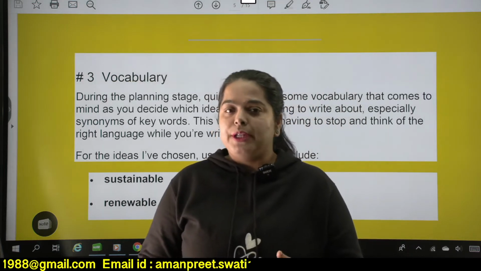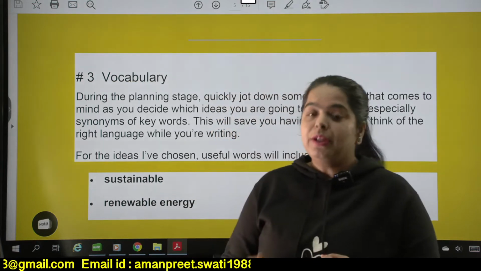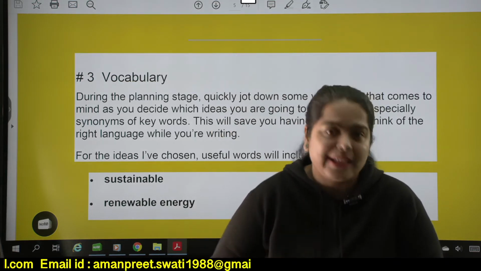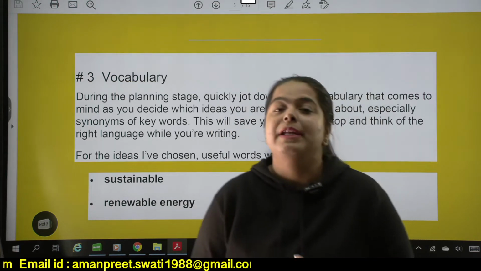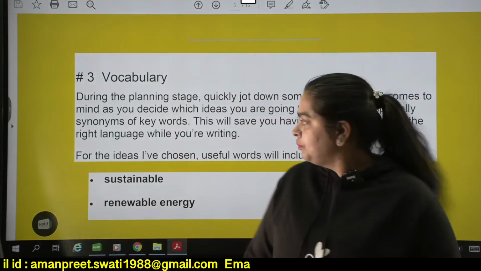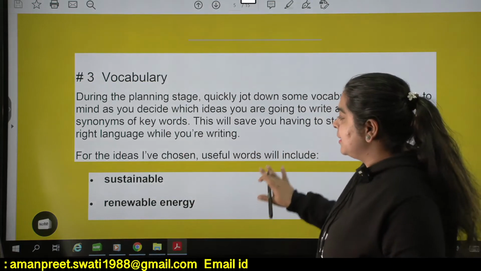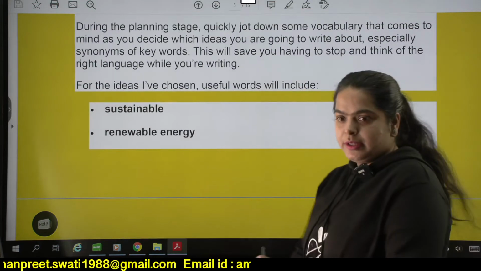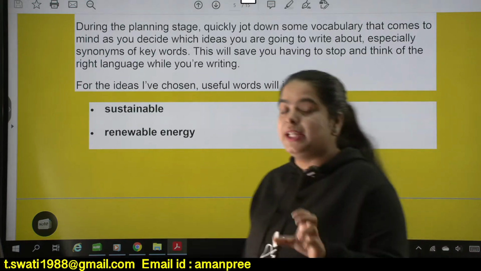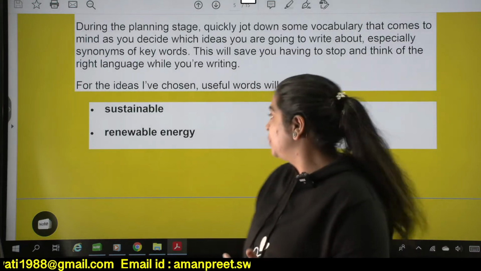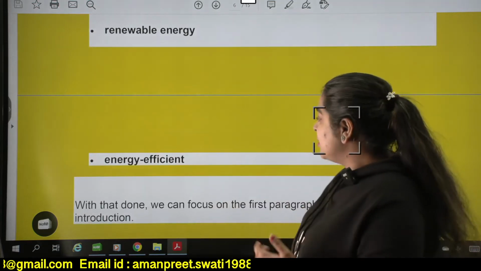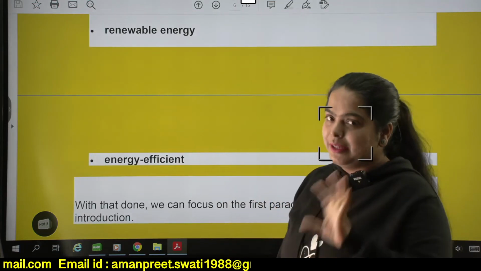You can incorporate good vocabulary by going through vocabulary with respect to each category, for example, environment, education, science, and the list goes on. So, the word sustainable, which you can use for a longer period of time, renewable energy, energy efficient. These are certain words of vocabulary which you can definitely use.